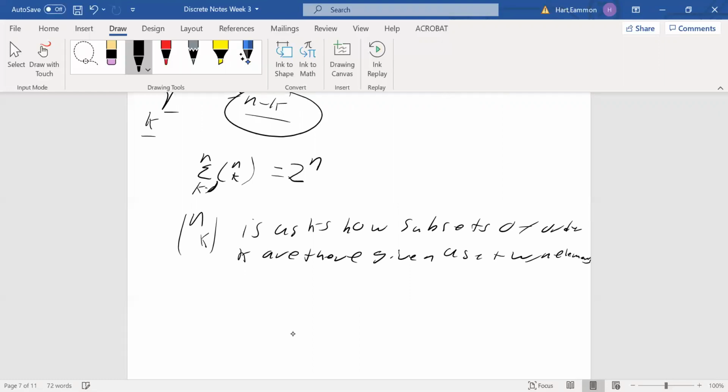So if we add up all of the subsets of size 0 plus all of the subsets of size 1 plus all the subsets of size 2 all the way up to all the subsets of size n, then that's just asking how many subsets are there of a set with n elements, which we already know is the cardinality of the power set.